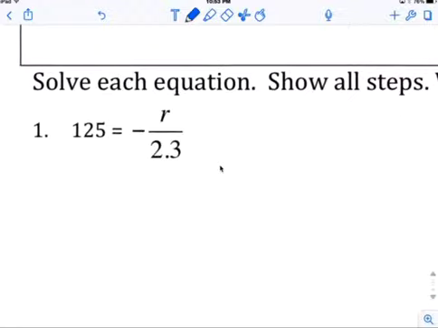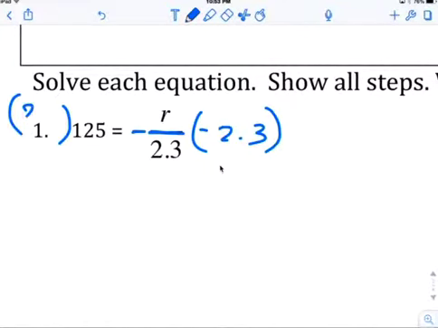Okay, again, this is division, so you need to multiply by a negative 2.3. Multiply by a negative 2.3. You can do this. You can use a calculator, I think. On this one, I hope you guys all know how to multiply double digit, right? If you don't, this is what you do.